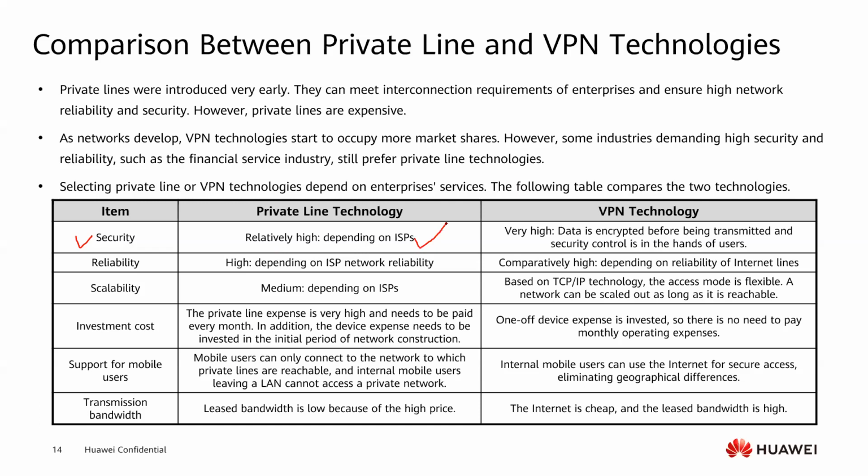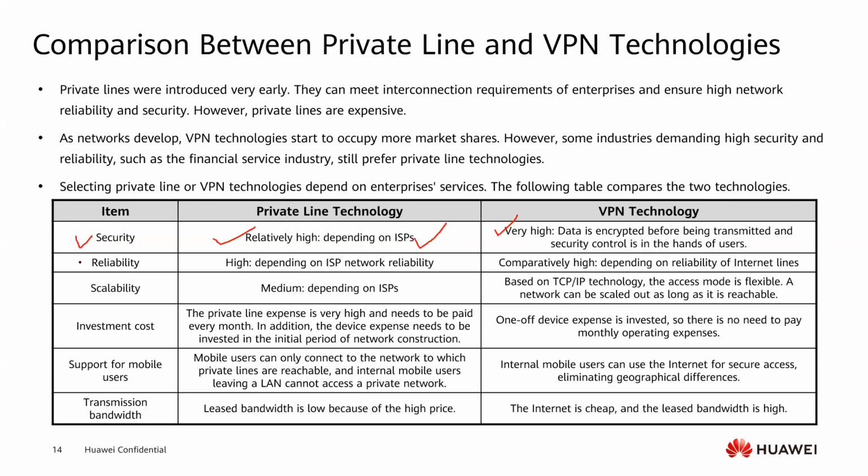The ISP needs to deploy the firewall, and they need to find some way to isolate the traffic between different tenants. So this is relatively high, but it depends on the ISP. And the VPN technology is very high because all the data you transmit on the internet is encrypted. So normally it should have a high security level.